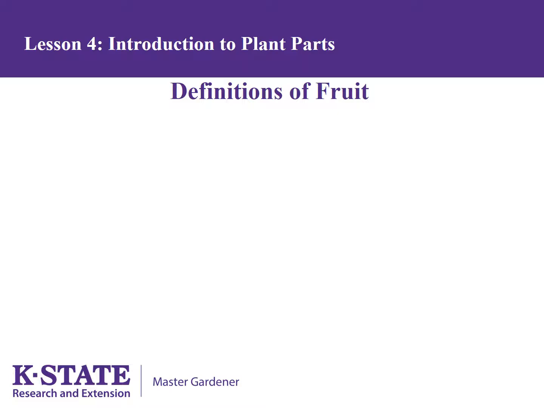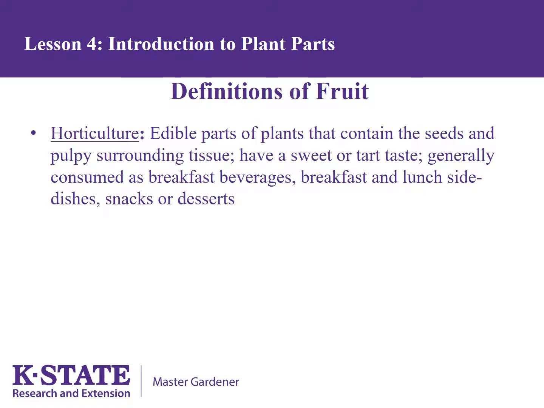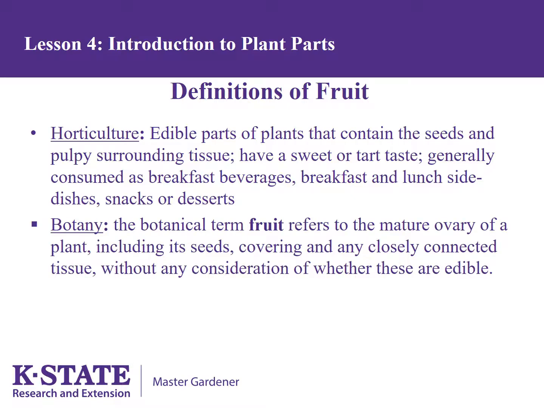So the horticultural definition of a fruit is: the edible portions of plants that contain seeds and pulpy surrounding tissue, have a sweet or tart taste, generally consumed as breakfast beverages, breakfast and lunch side dishes, snacks, or desserts. But the botanical definition of a fruit is the mature ovary of a plant, including its seeds, covering any closely connected tissue, without any consideration of whether these are edible.